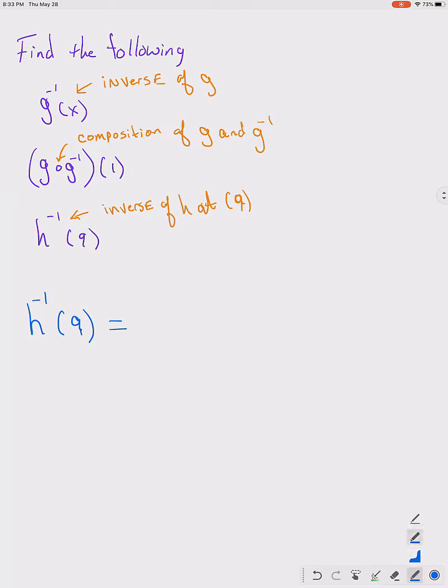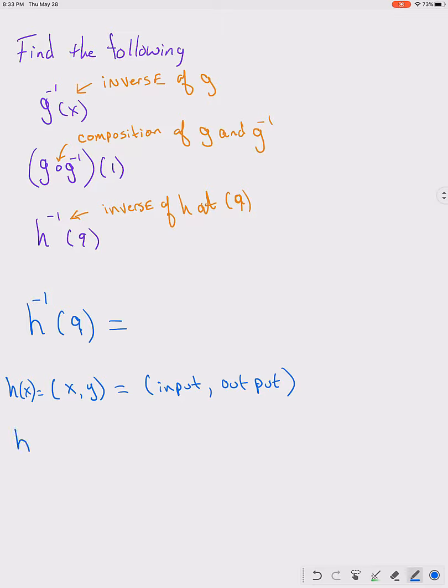Remember, in a function ordered pair, the input is x, the output is y. That's how we would talk about h of x, as ordered pairs: input x, output y.